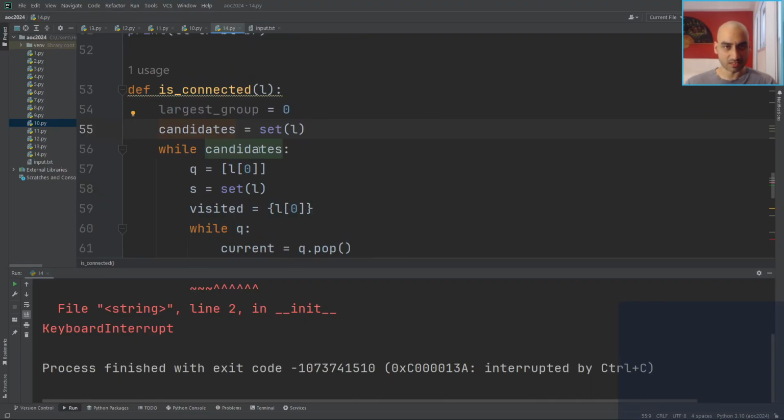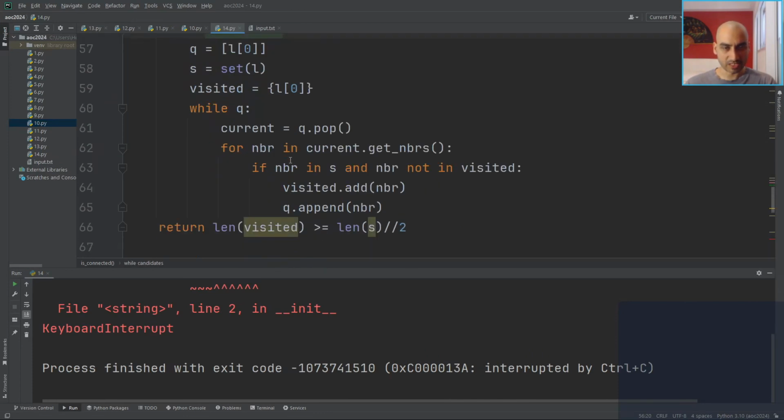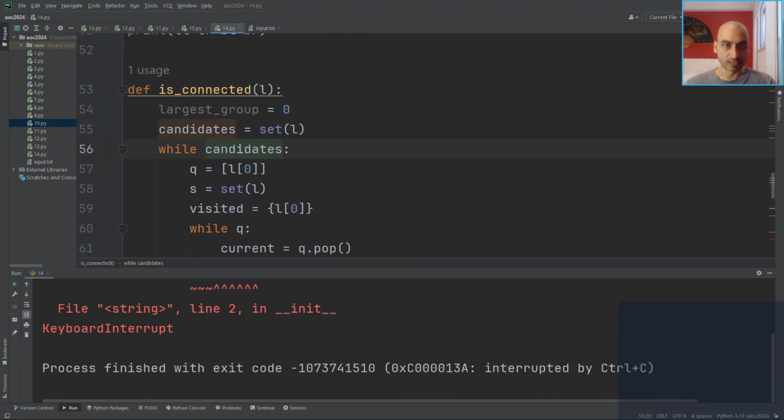This is going to be an expensive operation. We might have to look for a different way. All right, well, candidates. But then again, it's linear, so it's actually not that bad. Candidates is all the original robots' positions. While we have candidates, we take one of them arbitrarily.